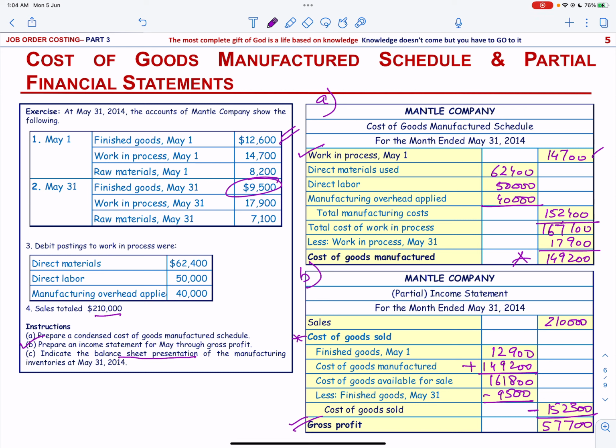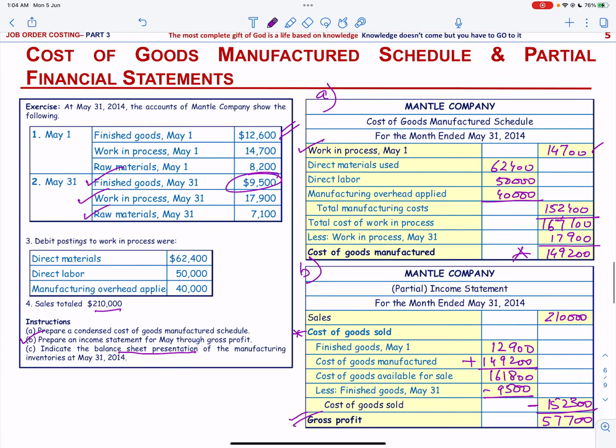Now for the balance sheet, the manufacturing inventories will have three components. We are going to have the ending finished goods of 9,500, the work in process of 17,900, and raw material of 7,100.